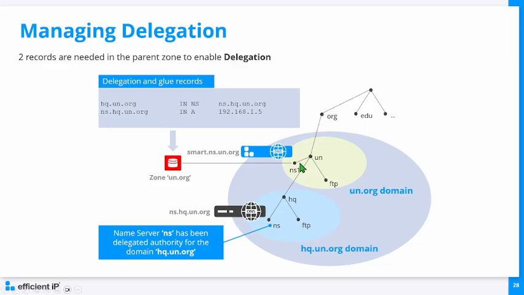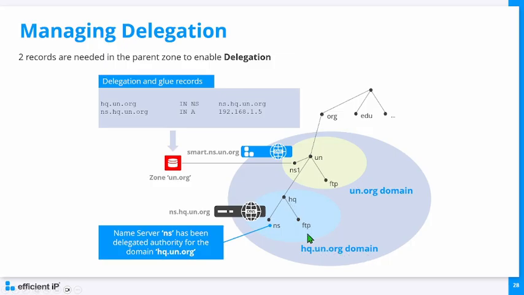That means NS1 is the authoritative server for un.org. Now you want to add a subdomain, HQ.un.org.